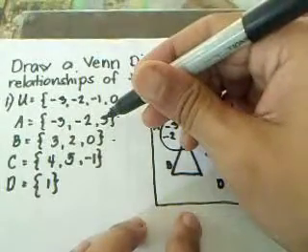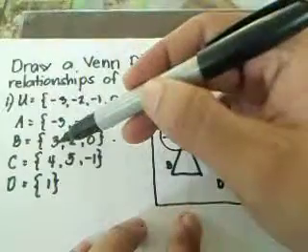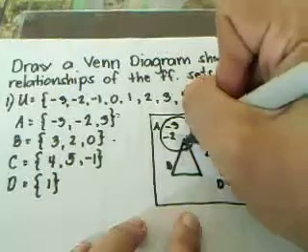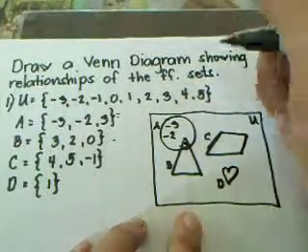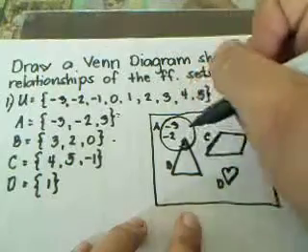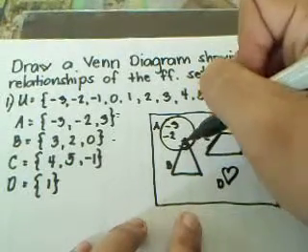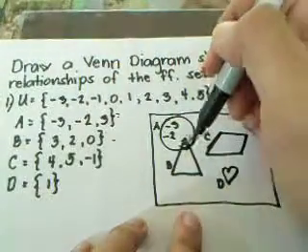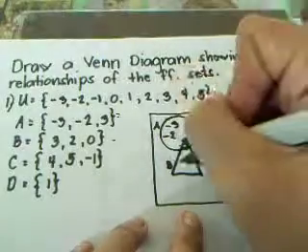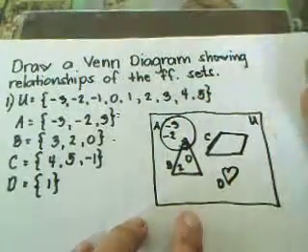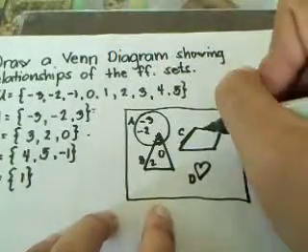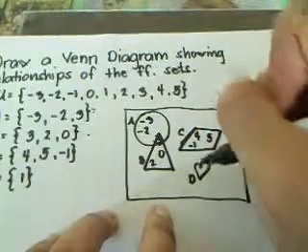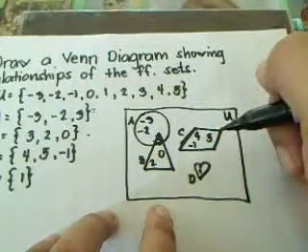Take note that 3 is an element of A, and 3 is also an element of B. So here, we are going to put 3, since 3 is an element of A and B. Since we put 3 here, we are done with A. And let us go to B, and we are done with 3, which is the common element of A and B. Then we can write 2 and 0 here. Then for C, we have 4, 5, and -1. And for D, we have 1.